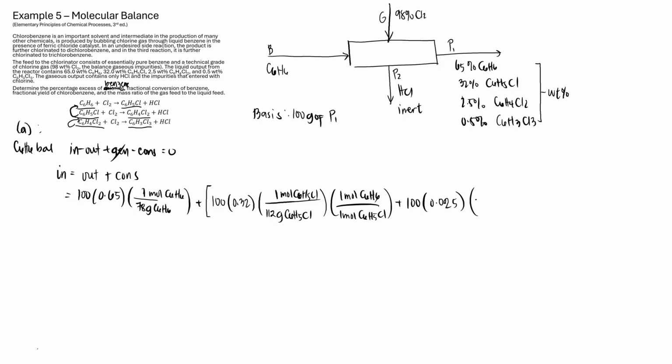Okay. And then 1 mole of C6H4Cl2. That's worth 46 grams. And then 1 mole of that needs 1 mole of C6H5Cl, but we know that 1 mole of C6H5Cl needs 1 mole of C6H6.